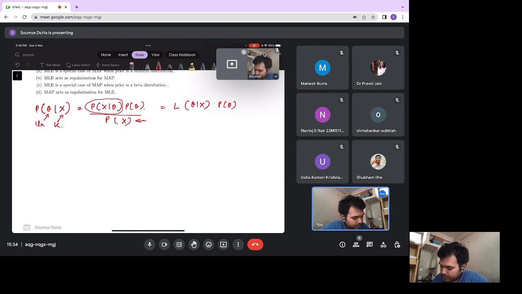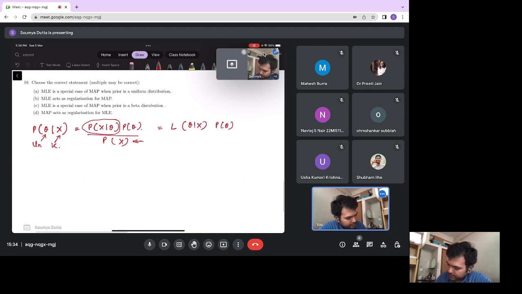Now if you completely forget p of theta, then this becomes your MLE estimate. But if you consider both of them, that becomes your MAP estimate.